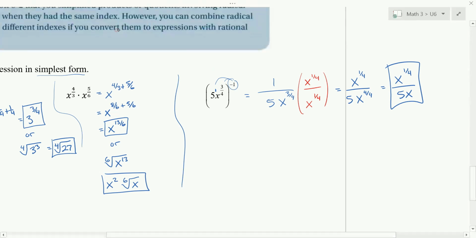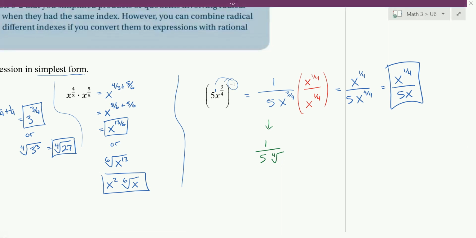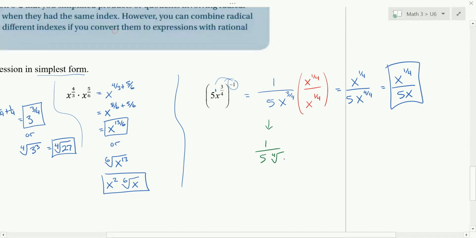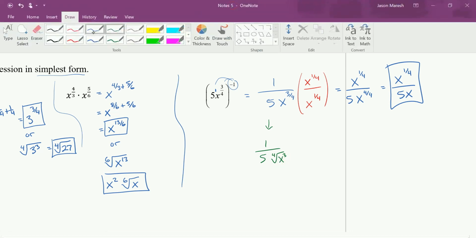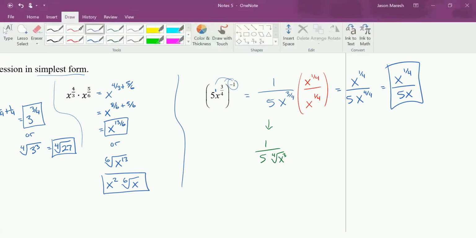The other option is not to do that and to change this to 1 over 5 fourth root of x cubed. And then you would think, like we've been doing before, what do we need to multiply that by?